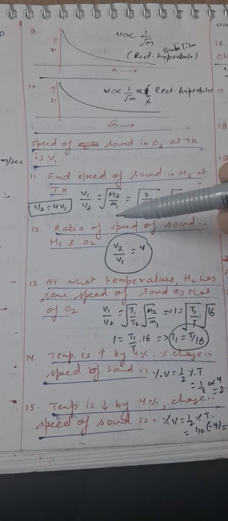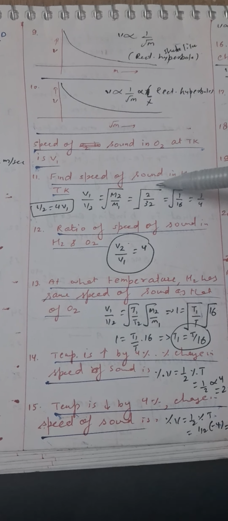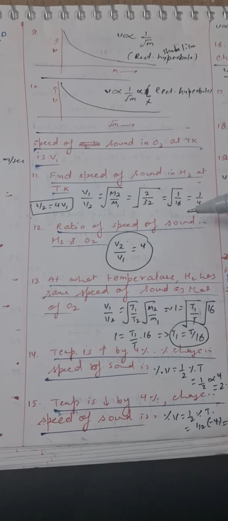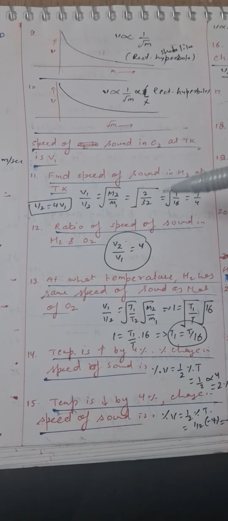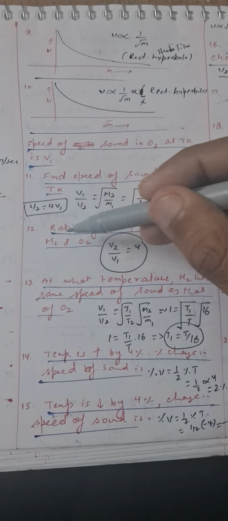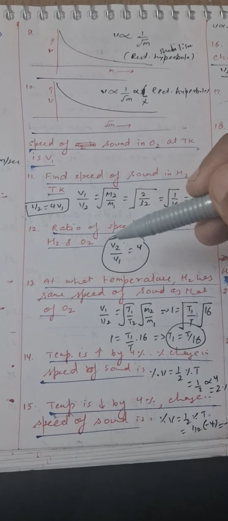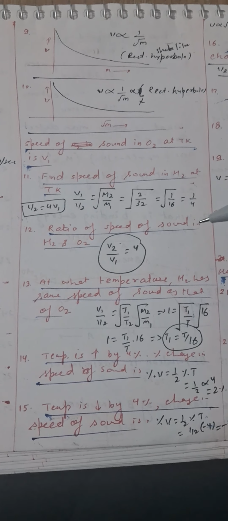We have root 2 by 32, which is root 1 by 16, which is 1 by 4. So V2 comes out to be 4 times V1. Next is the ratio of speed of sound in hydrogen and oxygen. As we have calculated, V2 by V1 is equal to 4.